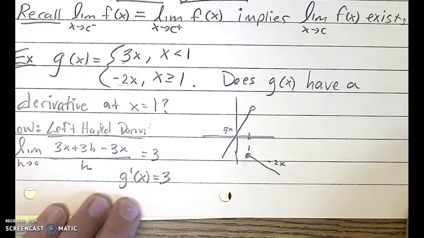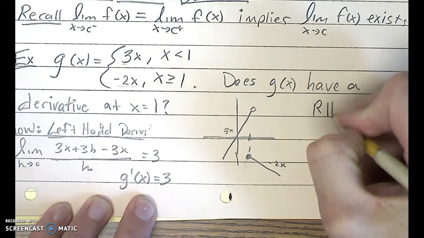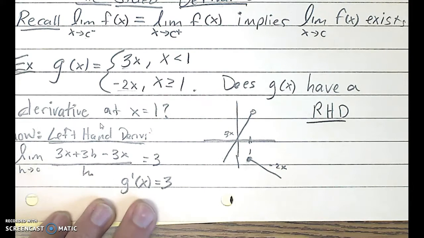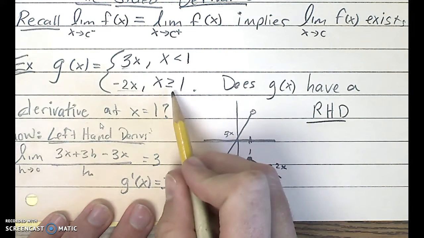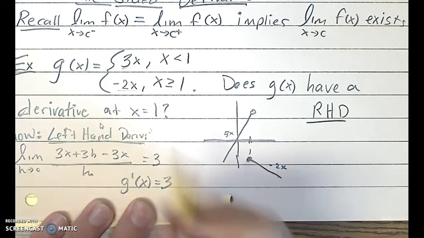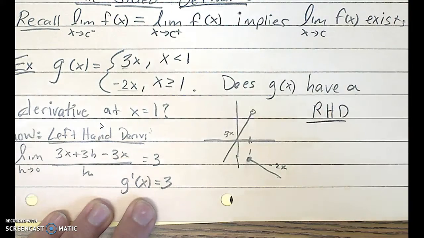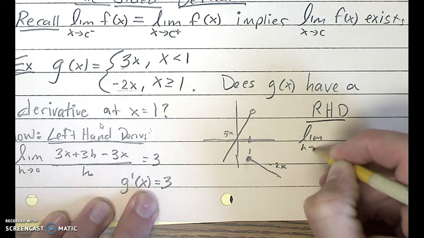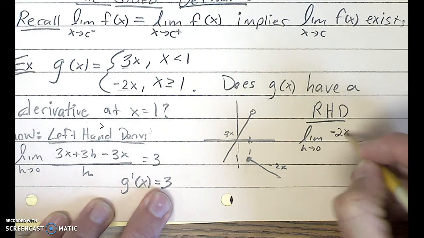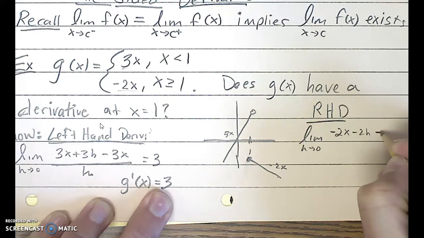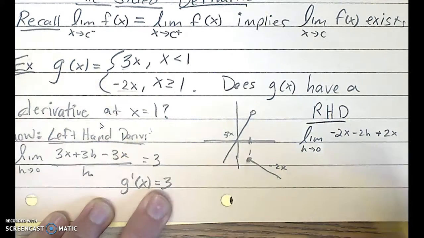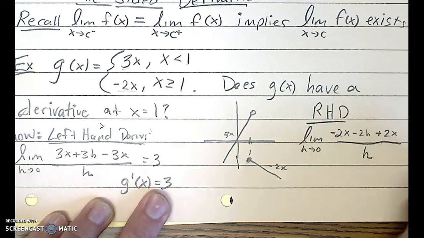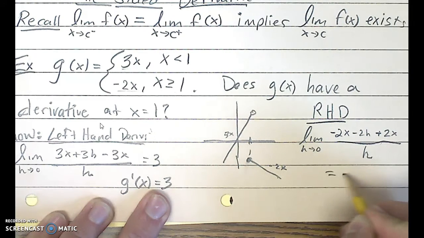Okay, to the right, so I'm going to abbreviate right-hand derivative, and that's fine if you do that on your homework. In fact, you should. The right-hand derivative, so the derivative to the right of x equal 1, is given by the function negative 2x. We need to find the derivative of negative 2x. So that's the limit as h approaches 0 of negative 2x minus 2h plus 2x, because we're subtracting negative 2x here, all over h, which of course then is just equal to negative 2.